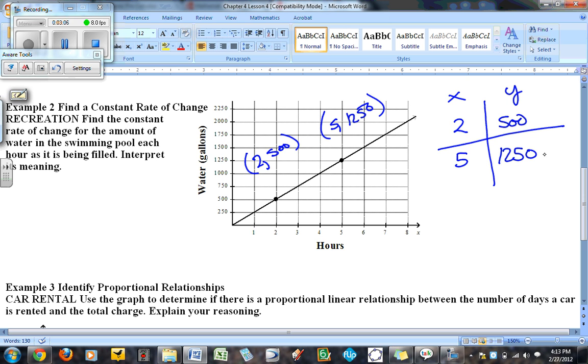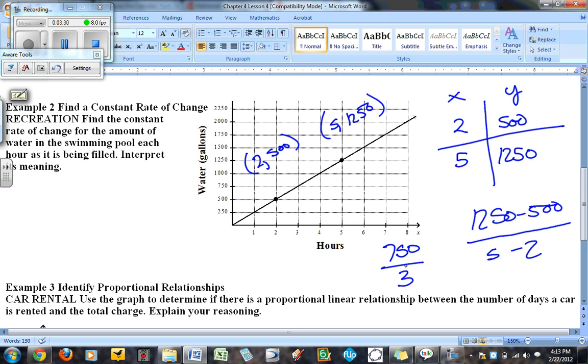We have to find the difference, so we subtract 1,250 minus 500, and since we went 1,250 minus 500, we have to go 5 minus 2. So 1,250 minus 500 is 750, and 5 minus 2 is 3. So it's filling 750 gallons per 3 hours.